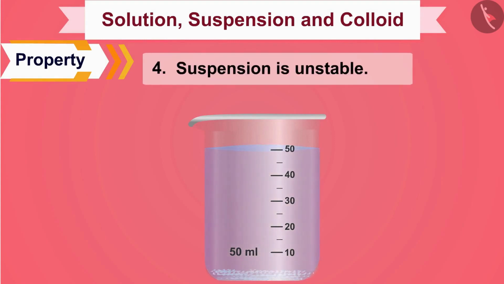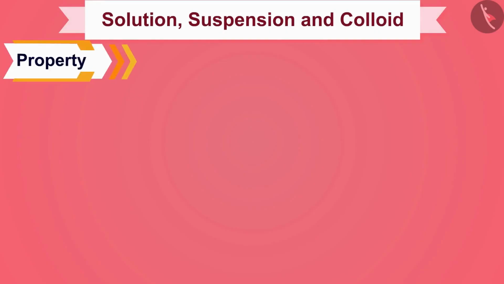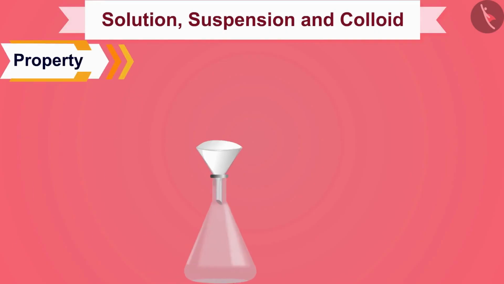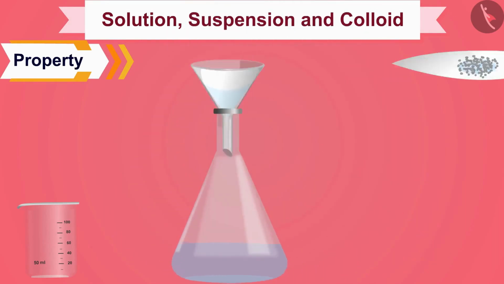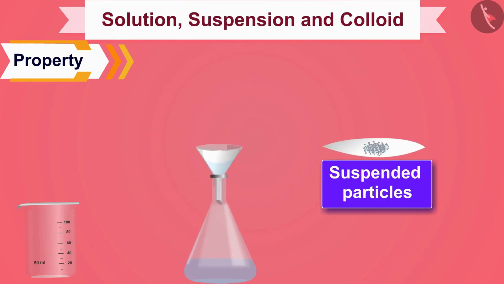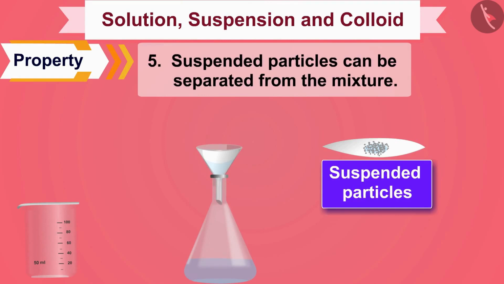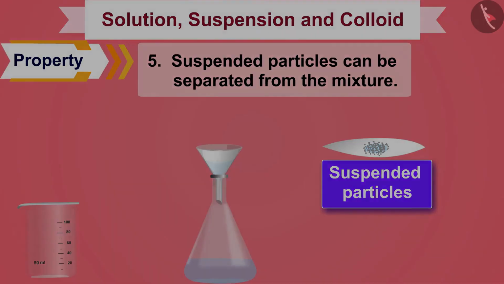That is, suspension is unstable. Now, finally, if we filter this suspension with the help of a filter paper, we can easily separate the chalk powder from water. Therefore, we can say that suspended particles can be separated from the mixture.